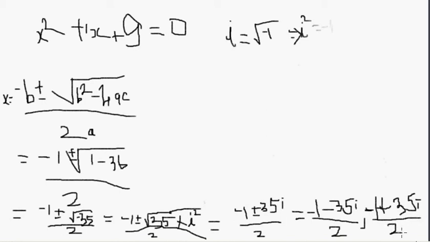Here we get two values: first we use the plus, and we get minus 1 plus root 35 i, and the other time we use the negative and we get this value.